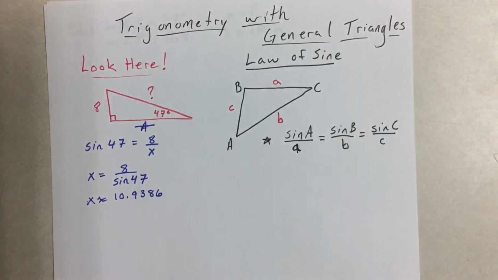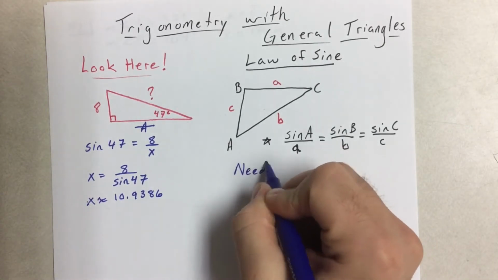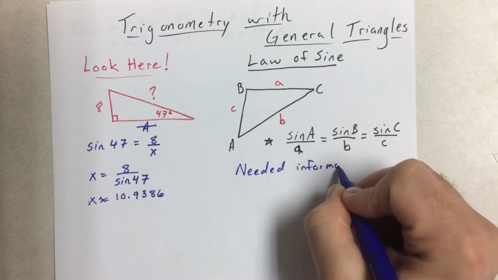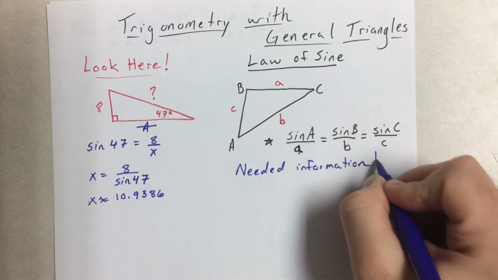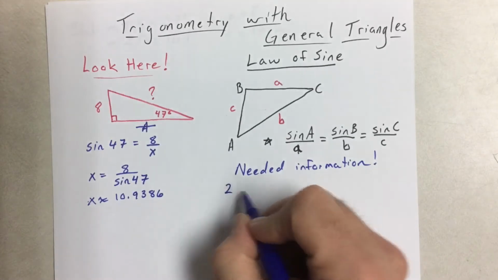Okay, so a couple of things that we need to know before continuing on here with law of sine. We have some requirements. So let's write down some needed information. In order to use law of sine, for us to have a problem that we can utilize this, we need to have 2 angle measures.